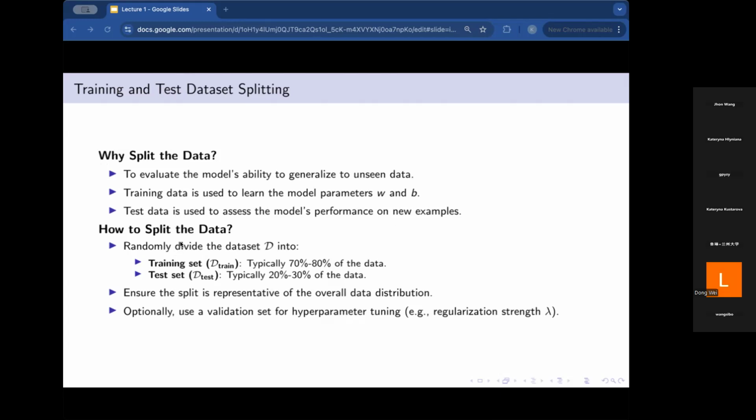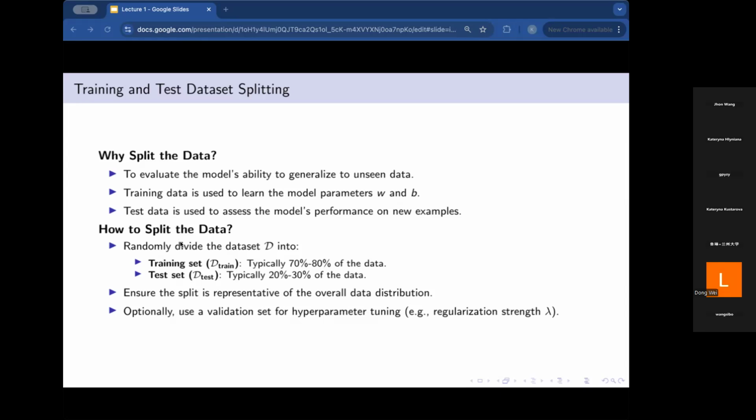Why split the data? First, we split data to evaluate the model's ability to generalize to unseen data. We use the training data to learn the model parameters, such as weights and biases. And the test data is used to assess the model's performance on new, previously unseen examples.